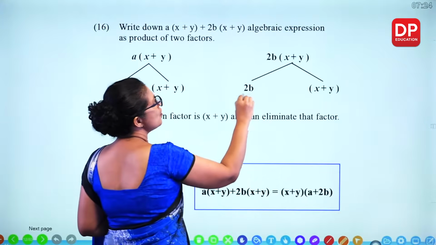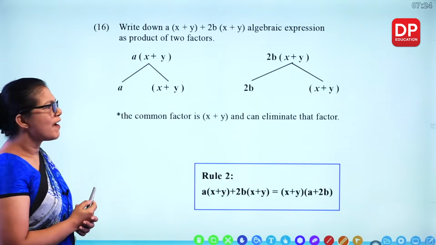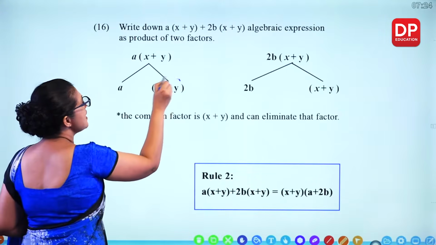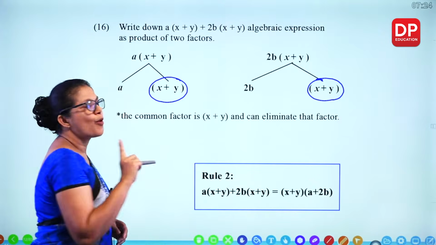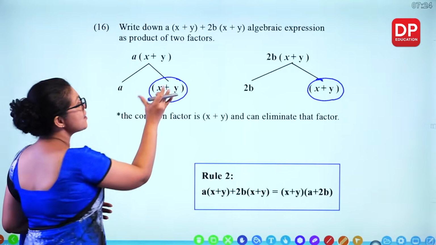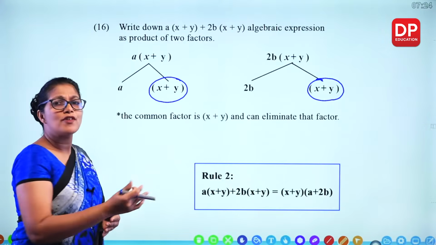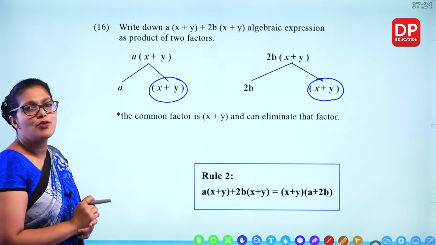So we can write 2b into (x plus y). Now, what's the common factor? We can see this is the common one for both expressions. So here you get an expression that is common. So you can take it out.